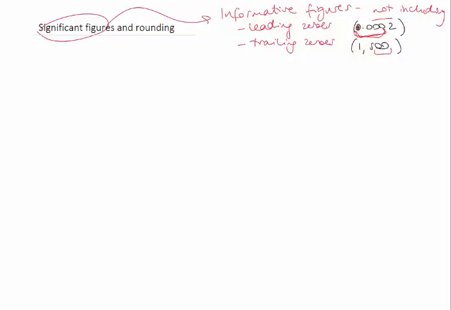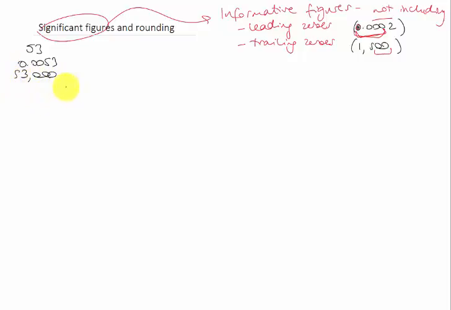Alright, so here are some numbers, all of which have 2 significant figures. So 53, 1, 2 numbers. And we've got this number 0.0053. So these are these leading zeros I was just talking about. And then 1, 2 non-zero numbers that give us information. And how about something like 53,000? These are trailing zeros, we call them.